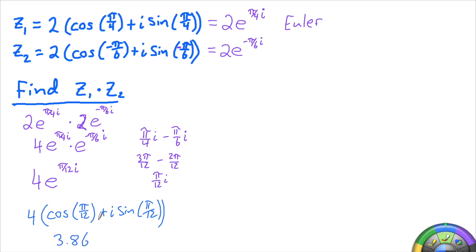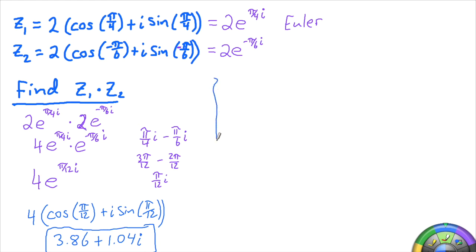And then 4 times sine of pi over 12 is 1.04. So this would be plus 1.04i. And that would be the product of these two complex numbers up here. And you can convert these also into decimal format, multiply them together the old-fashioned way with FOIL, and the answer should come out exactly like this.